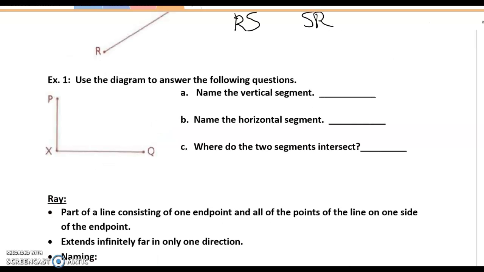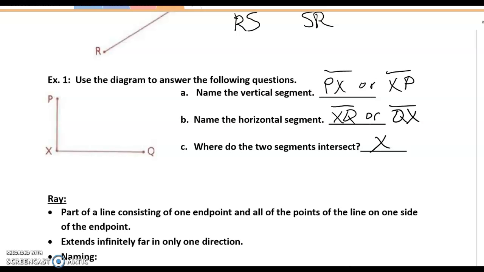All right, let me give you some time here to see if you can do example number 1 on your own. All right, so we're going to name the vertical segment. Again, we're going to pick the 2 endpoints of that segment, P and X. So we're going to write either PX with a segment symbol above it, or XP with, again, that segment symbol above it.